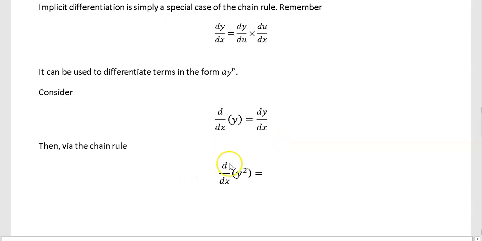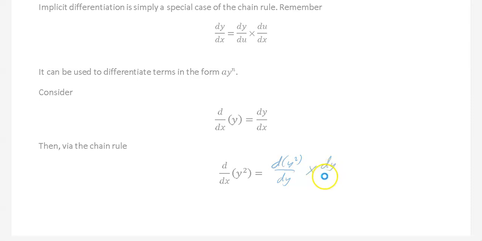Via the chain rule then, if we're differentiating y squared, that really means you differentiate your y squared with respect to y, and then you multiply by dy by dx.